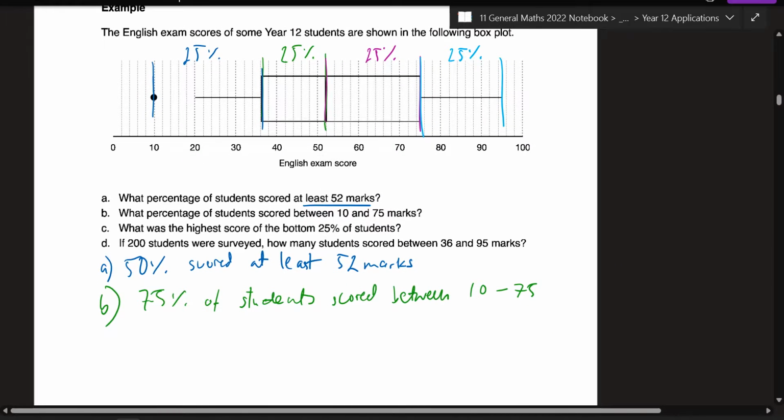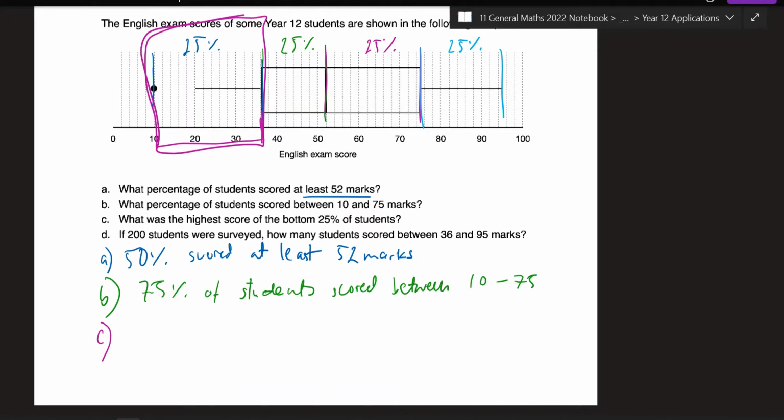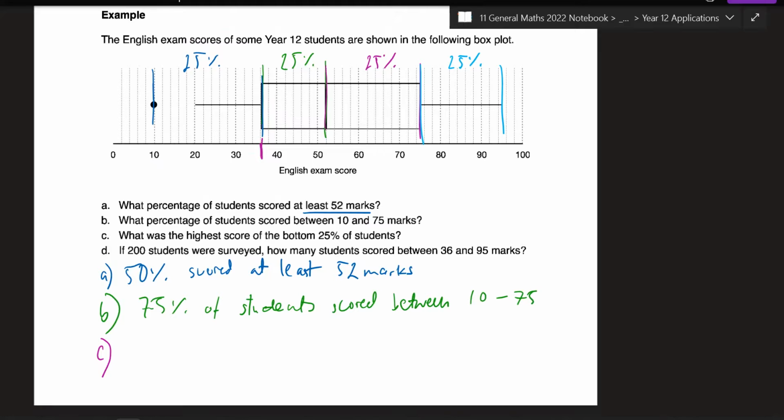All right. Question C. What was the high score of the bottom 25% of the students? Bottom 25%, you're looking at all the kids in the lower 25, so all this. What was the high score of whoever scored in the lower 25%? Well, you're looking at all the values up to here. I think that's the 36.